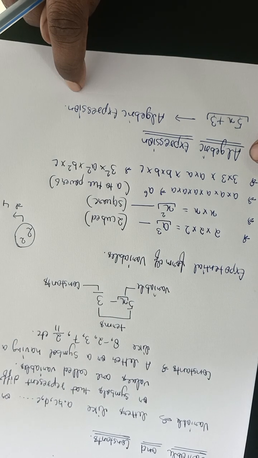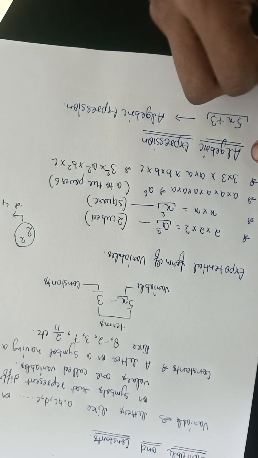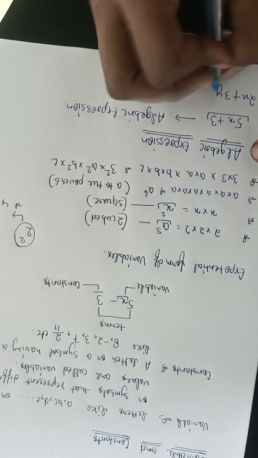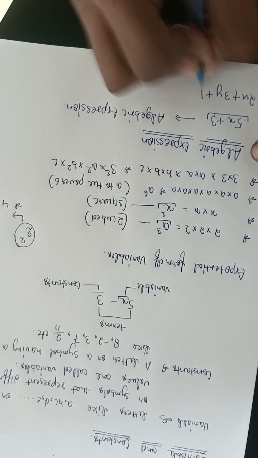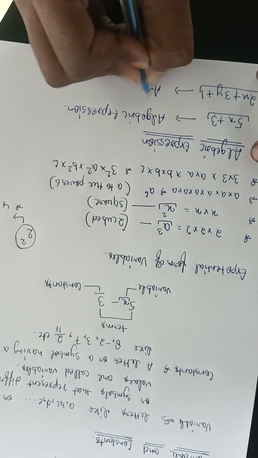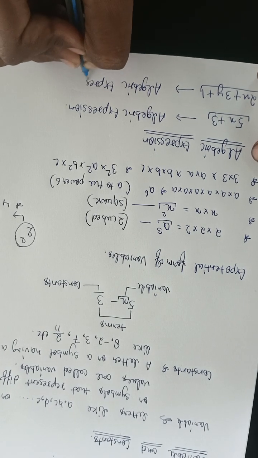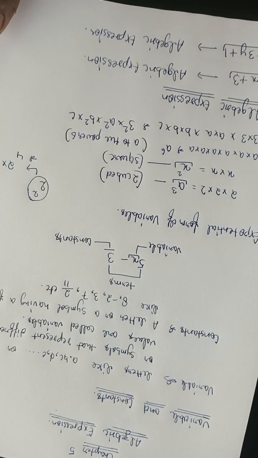This expression is called an algebraic expression. Suppose we take another example, that is 2x plus 3y plus 1. This is also called an algebraic expression. Understand?